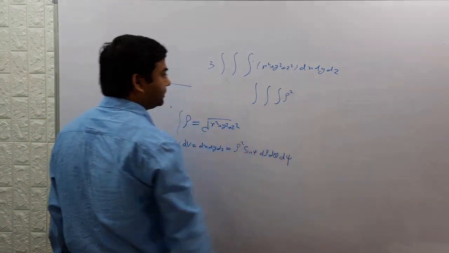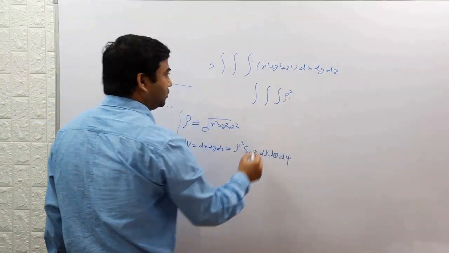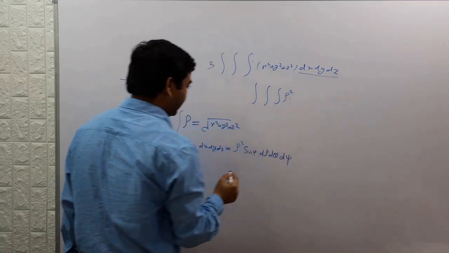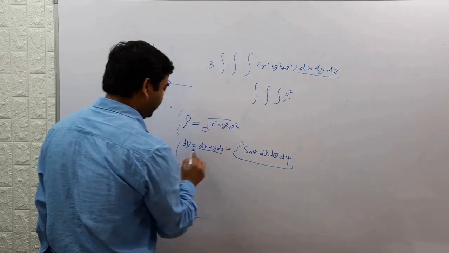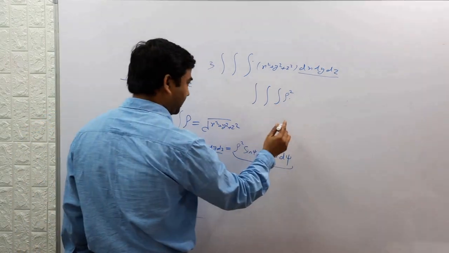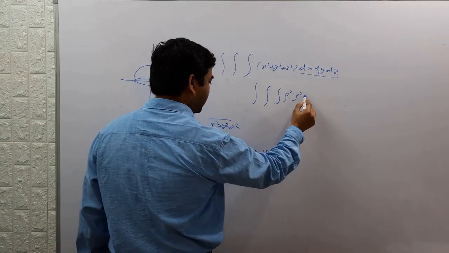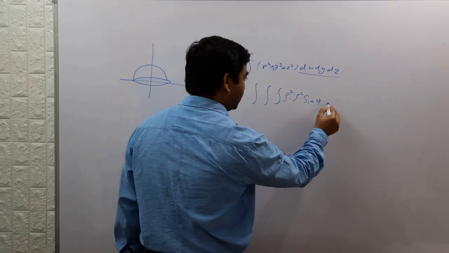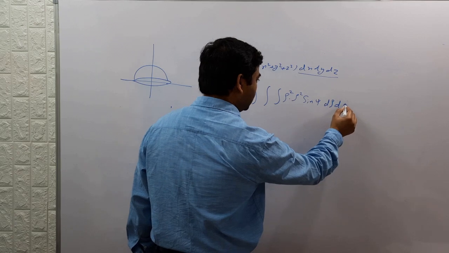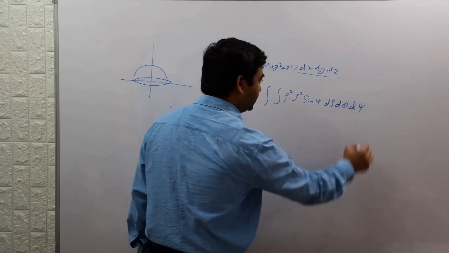So this is rho square into dx dy dz. Dx dy dz is dv. So this is rho square sin psi d rho d theta d psi.